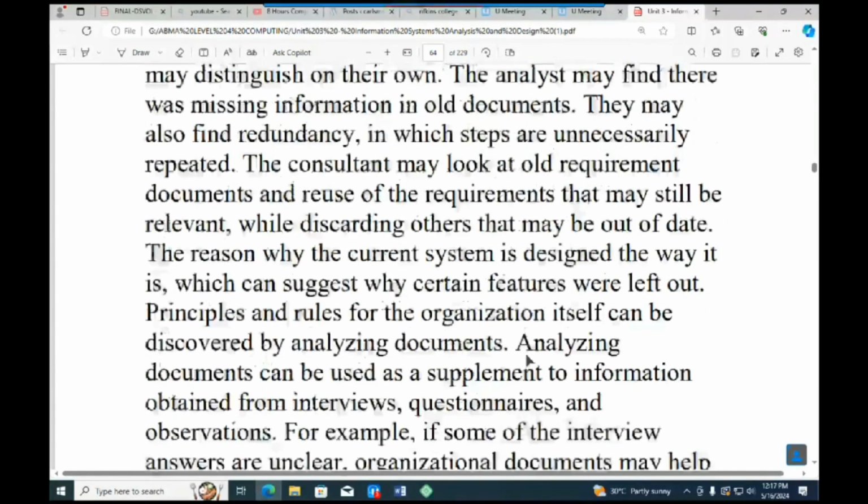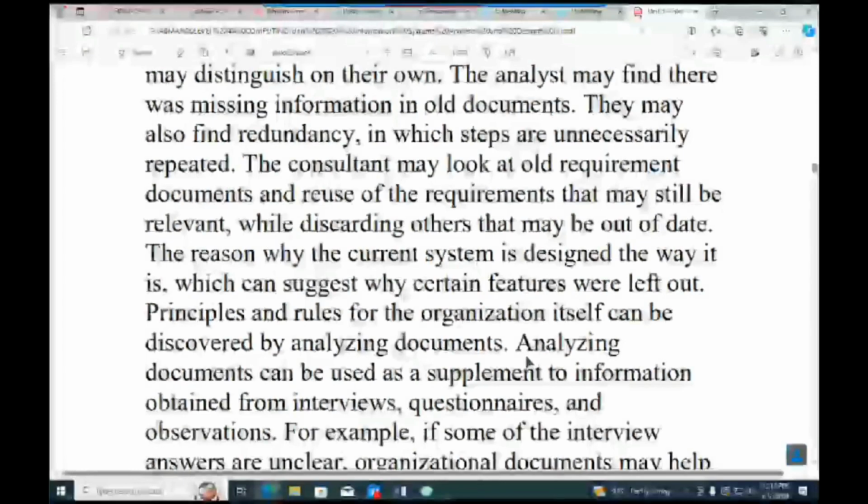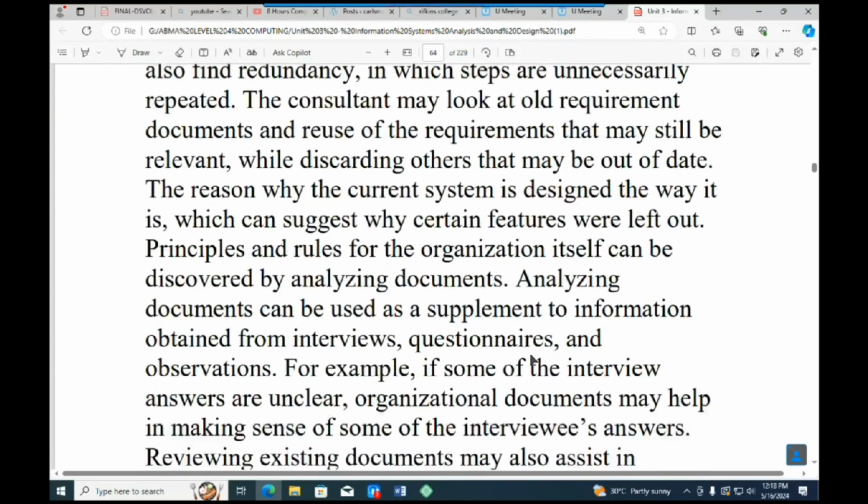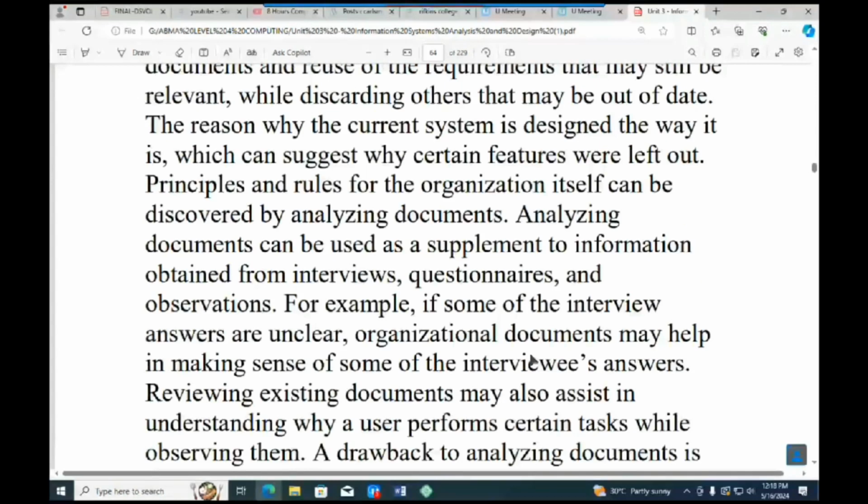You may also look at old requirement documents and reuse those requirements if they are still relevant, and you discard or put away those requirements that are out of date or outdated.